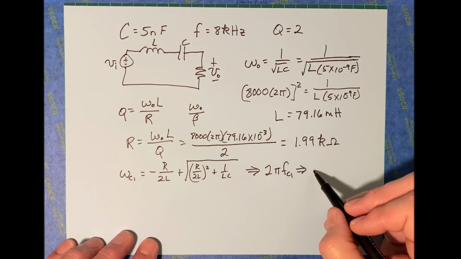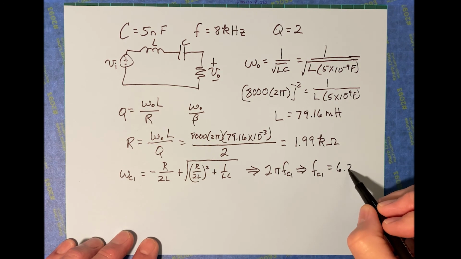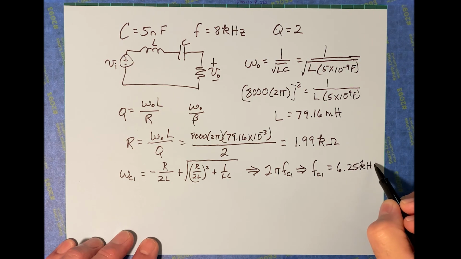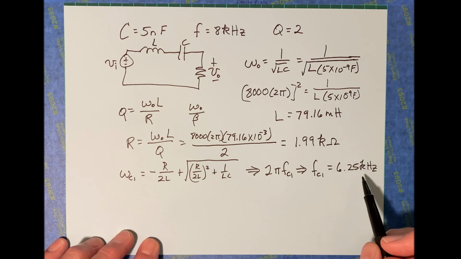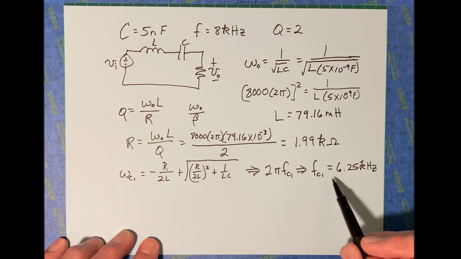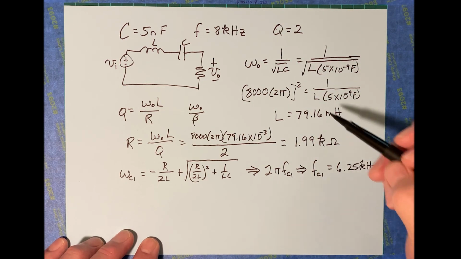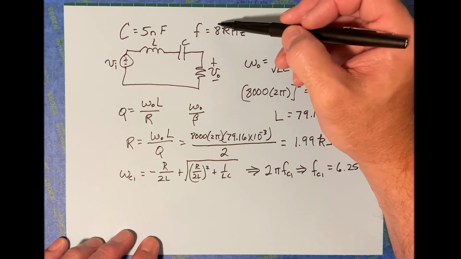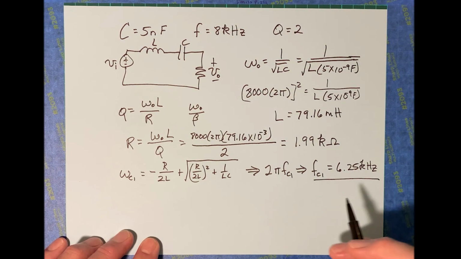Plug in the numbers, you end up with f C1 of 6.25 kilohertz. So speaking in terms of low frequency cutoff, that's 6.25 kilohertz. We're expressing the final answer in the same form that we were given our original frequency. So that's kind of important there.